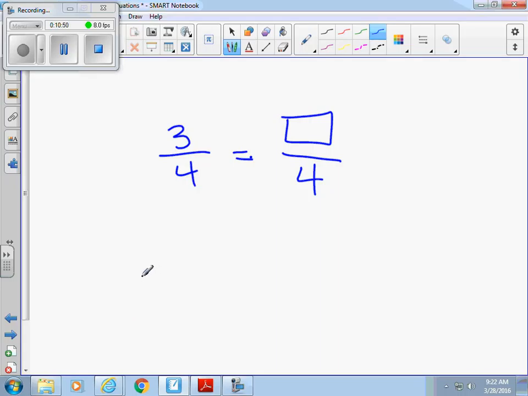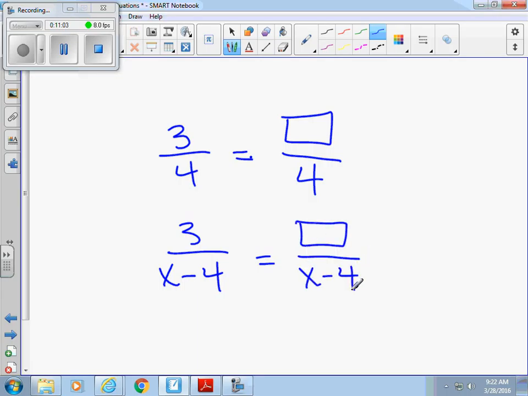Because if they're equal, the bottoms are equal, so the tops would have to be. So maybe they got a little more complicated in 5th grade and did something like this, and you wouldn't have blinked an eye. What would have to go up there if those are equal? Would have to be a 3, correct? If the bottoms are equal, then if the fractions are going to be equal, the tops have to be equal, right?